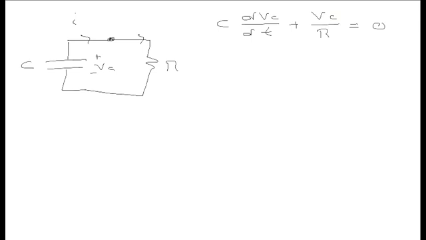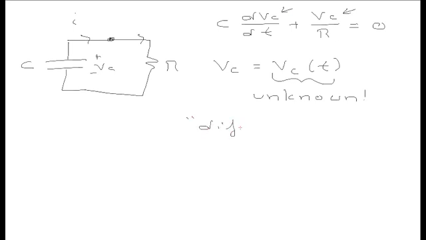And the key here that we need to keep in mind at all times is that Vc is actually a function of time. But at the moment, this function is unknown. So, we have an equation that relates an unknown function and its derivatives. We have what is known then as a differential equation.